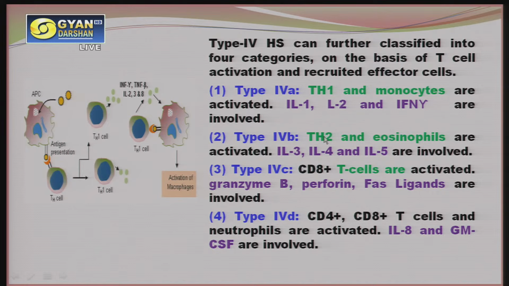In type 4B, T helper cells are involved, and eosinophils, which as you know are blood cells, are activated. Interleukin 3, interleukin 4 and interleukin 5 are involved. In type 4C, CD8 positive cells are activated, and granzyme B, perforin and Fas ligand are involved.